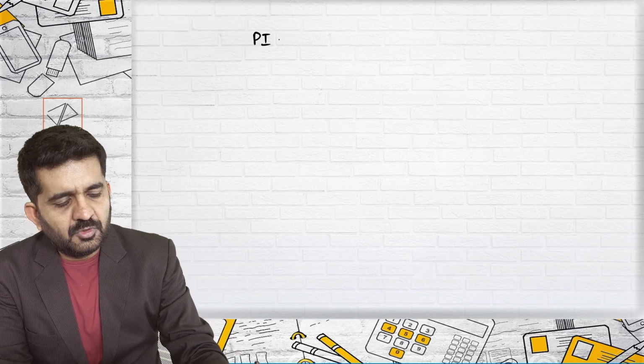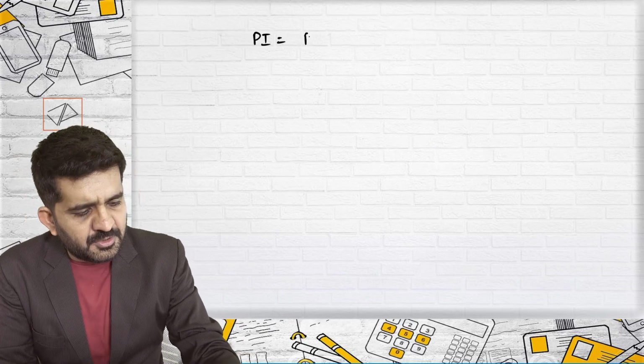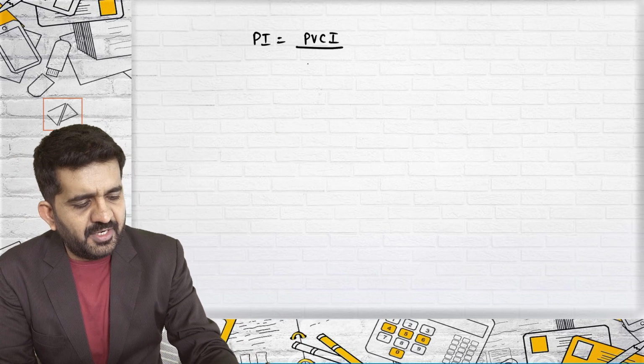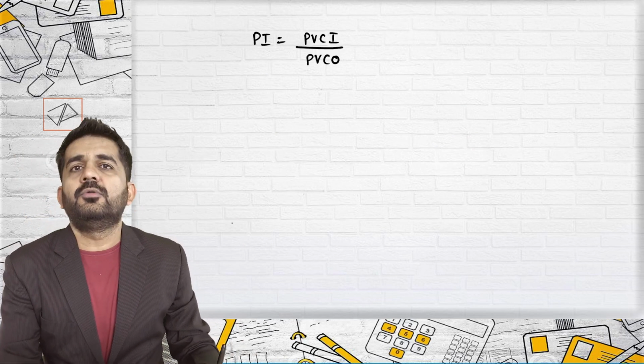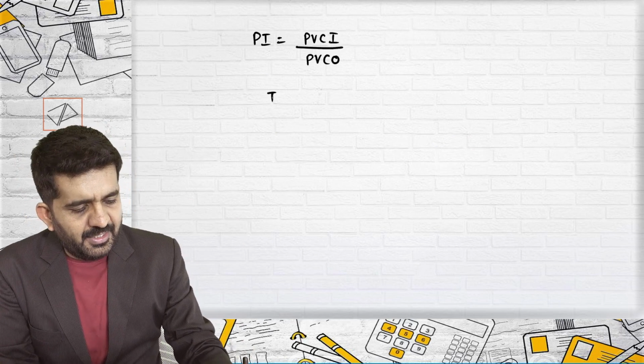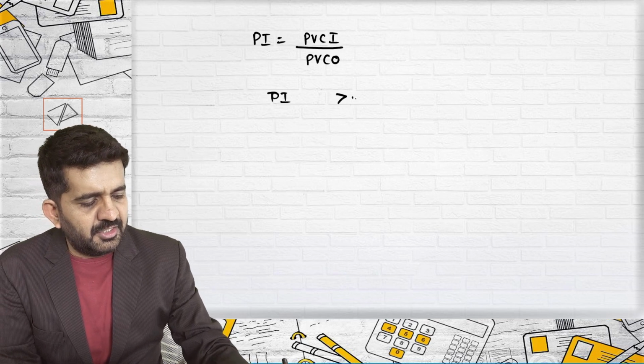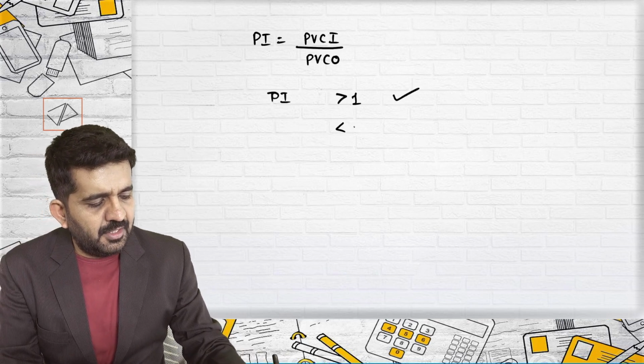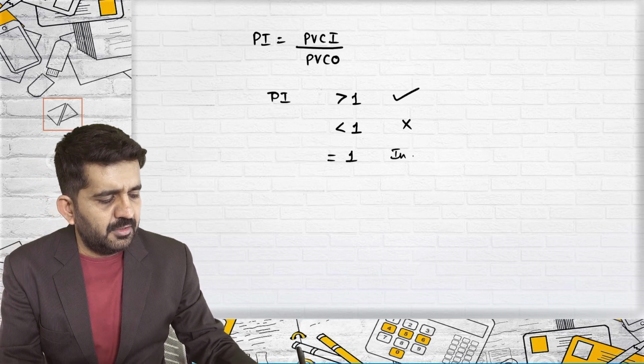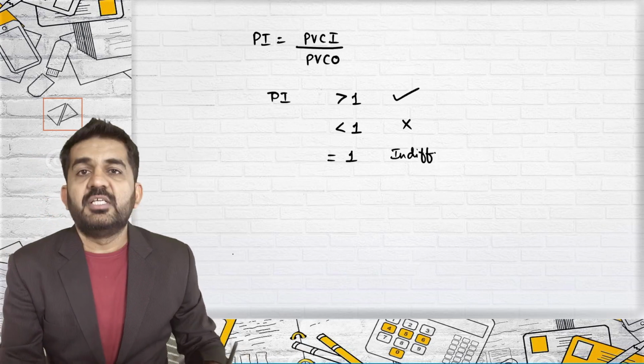Same in profitability index. How to find out profitability index? Present value of cash inflow divided by present value of cash outflow. If PI is greater than 1, we will accept. Less than 1, we will reject. Equal to 1, we are indifferent. Same is the concept.